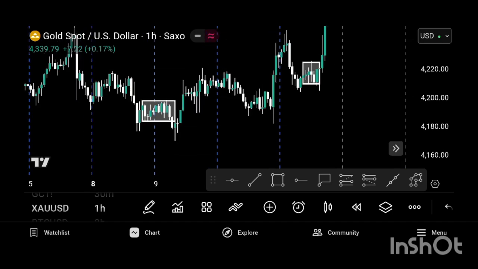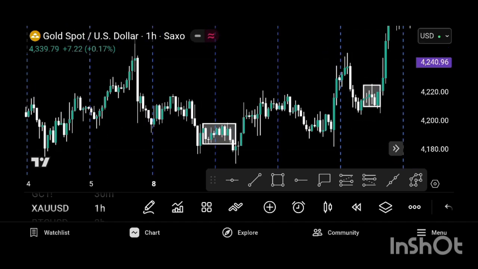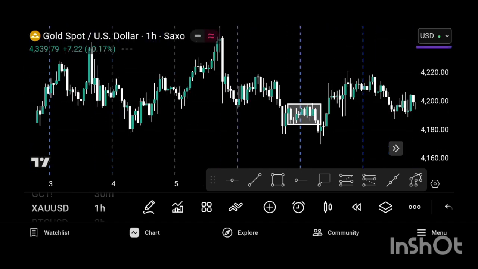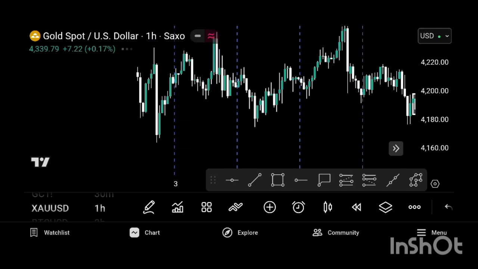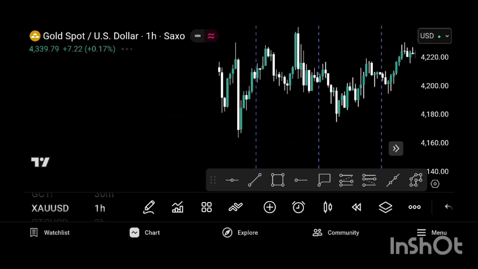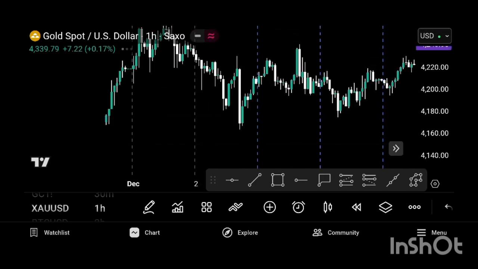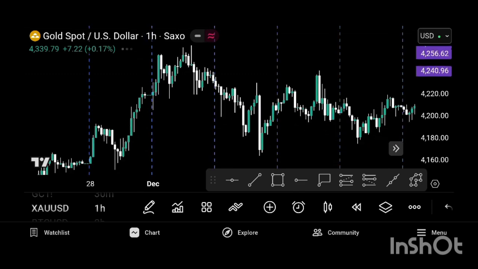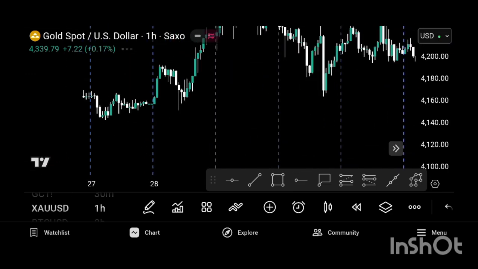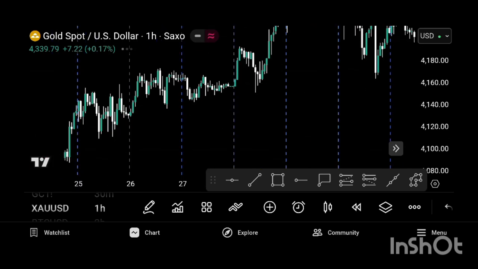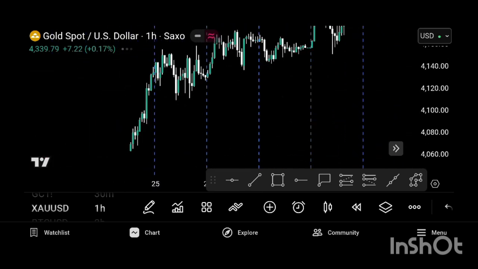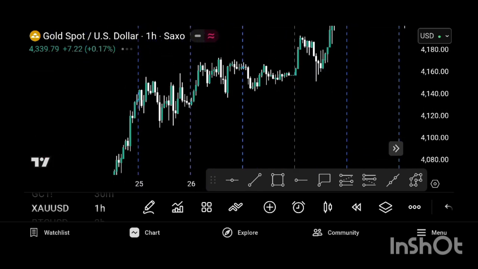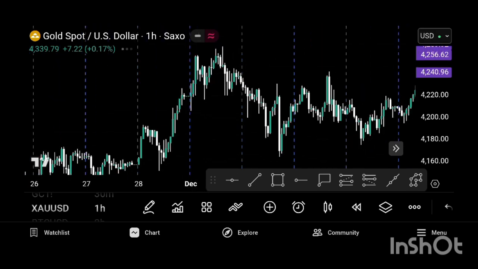Where can I see an example? Okay, let's check back. Gold has been ranging a lot, so some of this kind of inducement liquidity are mainly found when you have a very trending market, right?